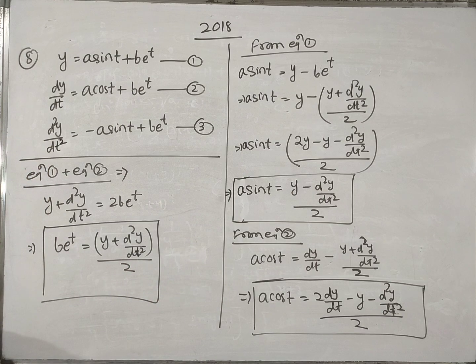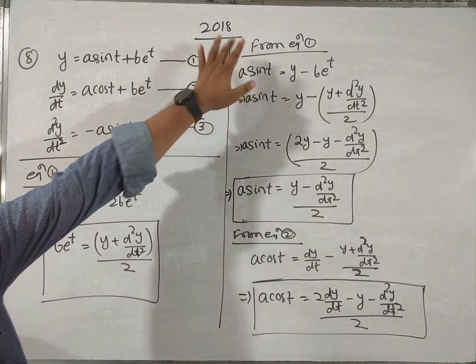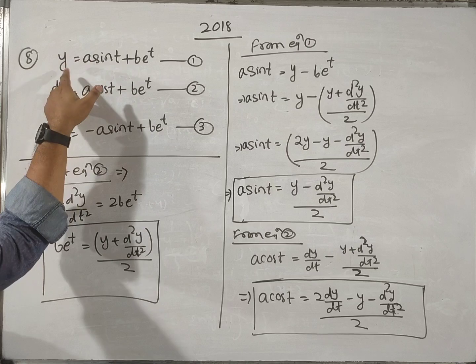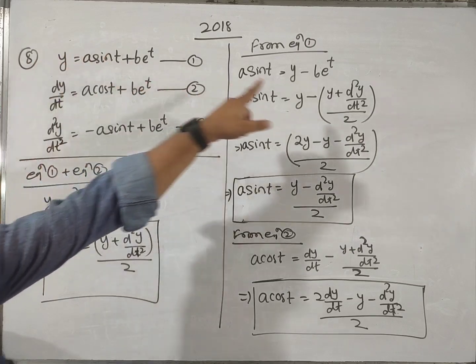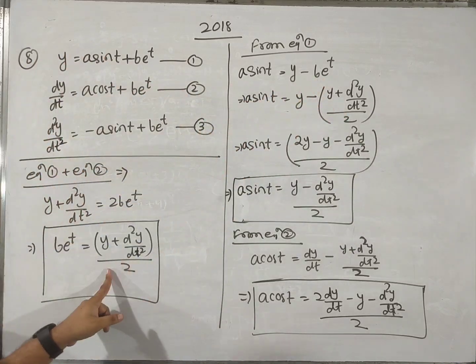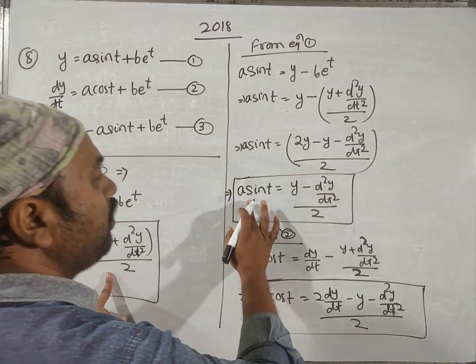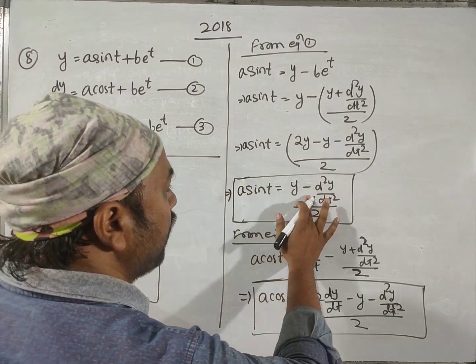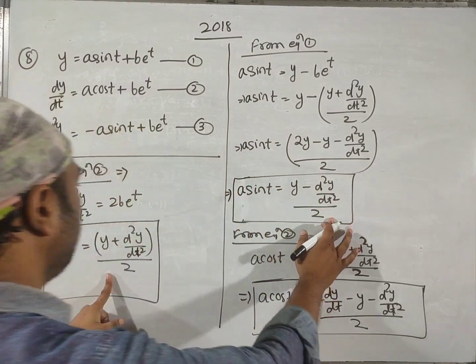whole divided by 2. Then from equation 1 we have a sin t is equal to y minus b e to the power t, and in place of b e to the power t we can put this value here. Then by solving we have a sin t is equal to y minus d square y upon dt square whole divided by 2.